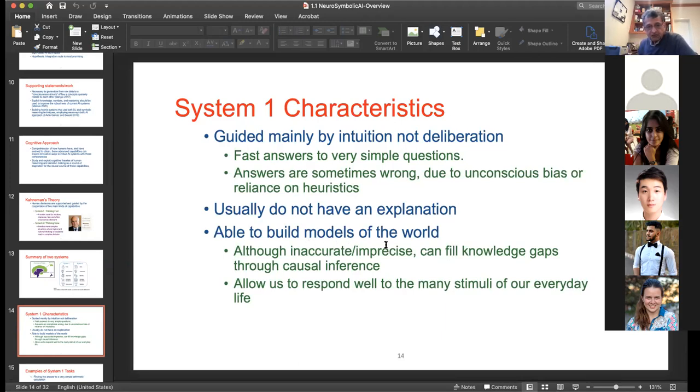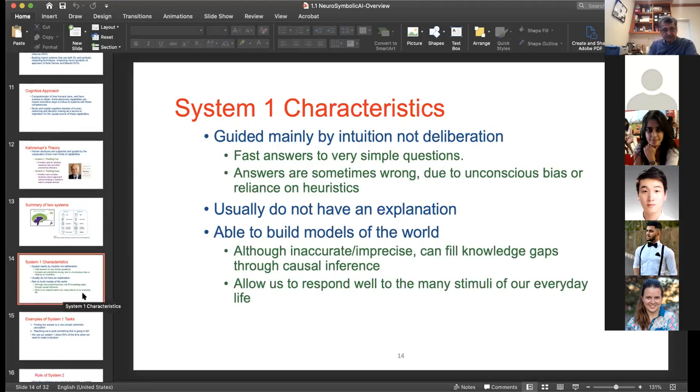Able to build models of the world, although inaccurate, imprecise, can fill knowledge gaps through causal inference, allow us to respond well to many stimuli of our everyday life. So we are able to build these models very, very quickly. And so everyday life is based on system 1, the fast thinking.